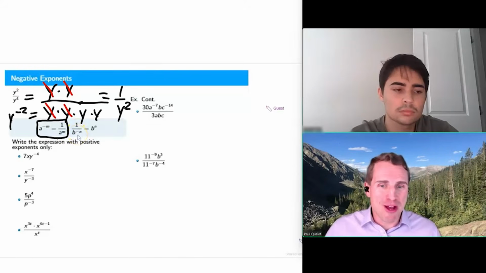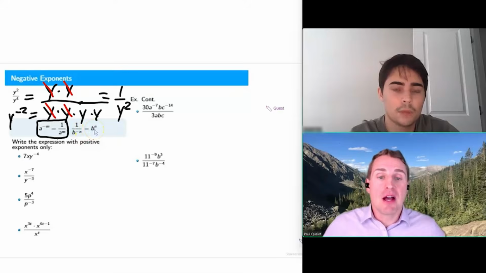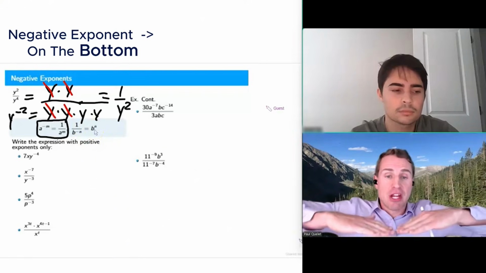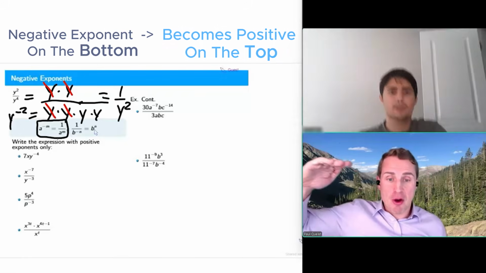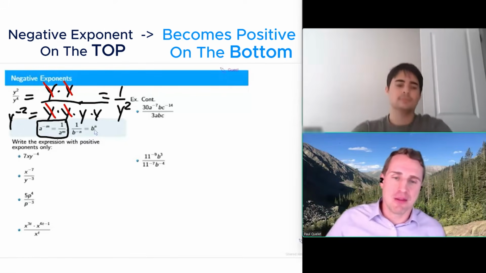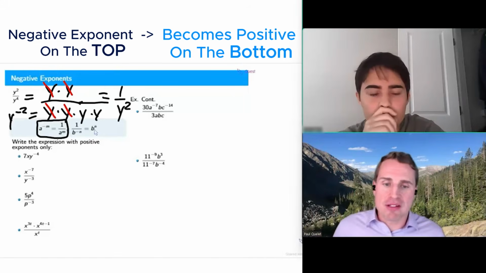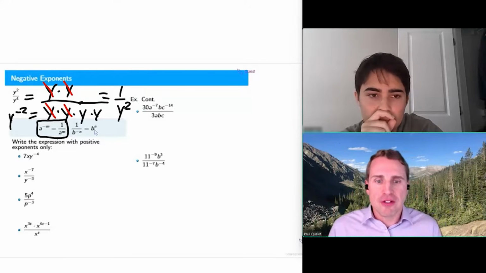It works the other way around. So if you have 1 over b to the negative n, that's just b to the n. Because if you have a negative exponent downstairs, it flips it to the top, whereas a negative exponent upstairs flips it to the bottom. The negative exponent is kind of like a reciprocal flip, if you will.